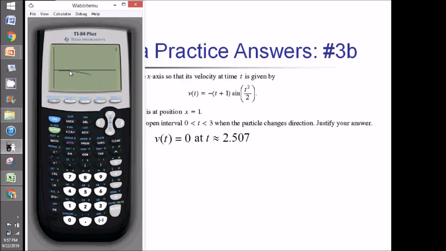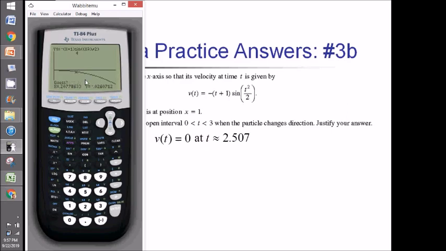Still kind of hard to tell. So let me just do second trace, zeros, and I'm going to enter the left bound as 0. And for the right bound, well, let me just move it to where this thing cannot possibly be crossing again. So over here. And I'll press enter one more time.